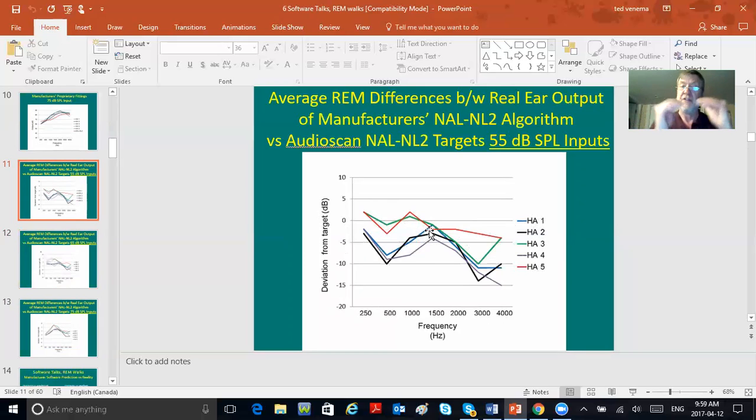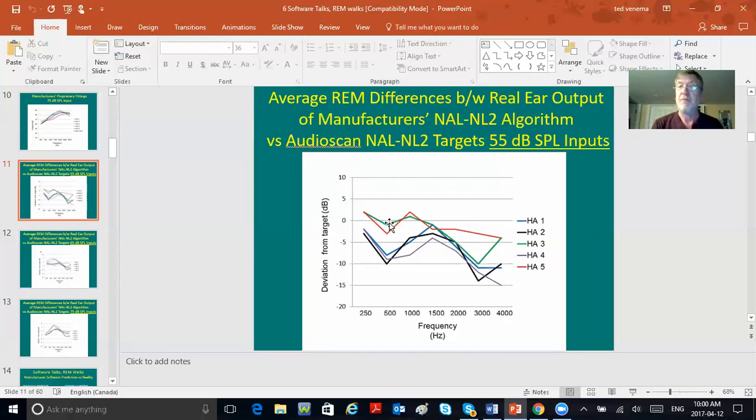Everything is falling below 0 here. That's really the truth of the matter. So don't think of the red as being NAL2. That was my earlier mistake. I was saying, oh, look, this one's being pretty good, it's sticking pretty close. That's wrong. That was Ted not reading the graph right. So I'm telling the story straight now.